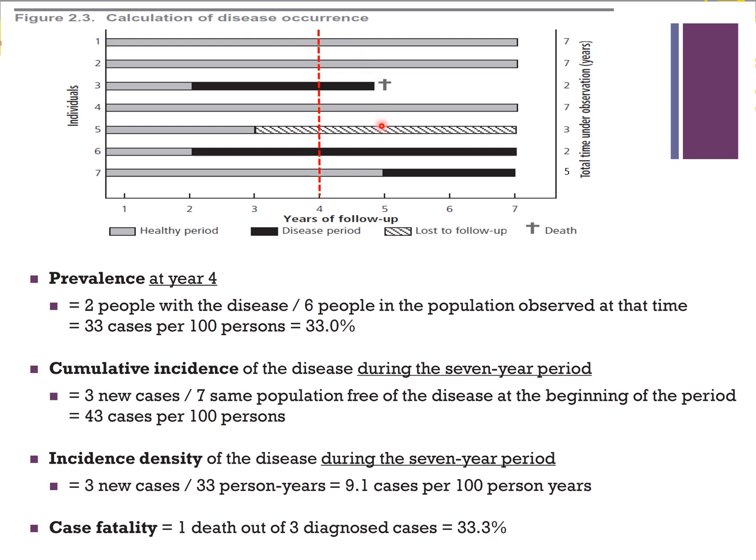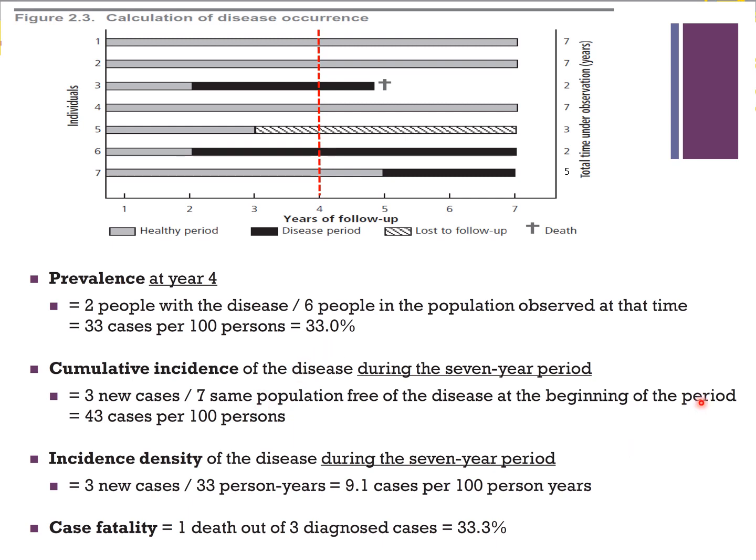We are not counting individual number 5 because this is lost to follow up. So 2 over 6, when we convert it into 100%, is 33 cases per 100, or equal to 33%.